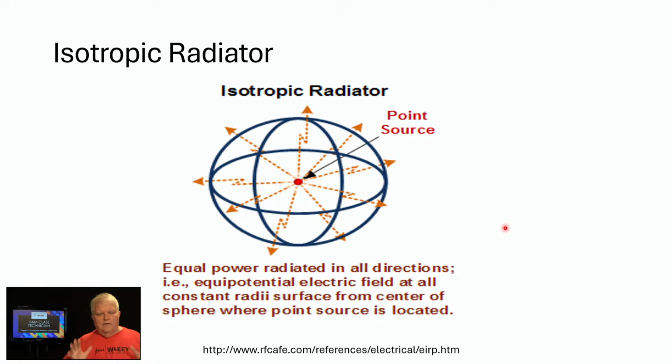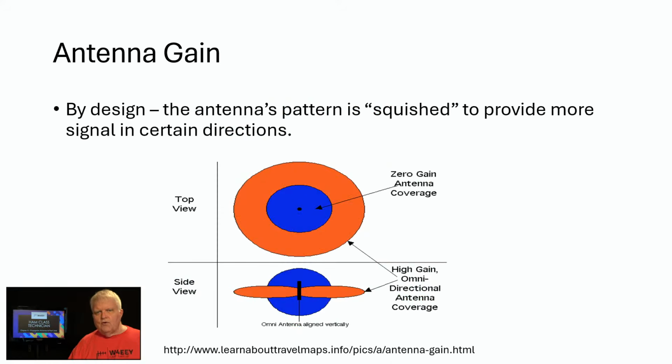It is used in comparing antennas against a known quantity, the isotropic radiator, and we use it as a reference in order to measure or identify antenna gain.